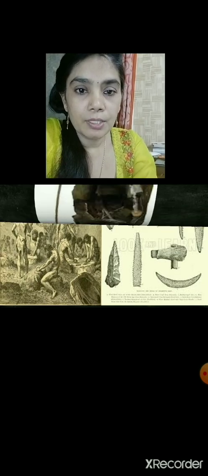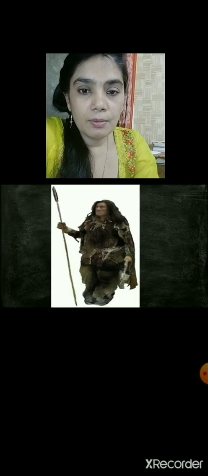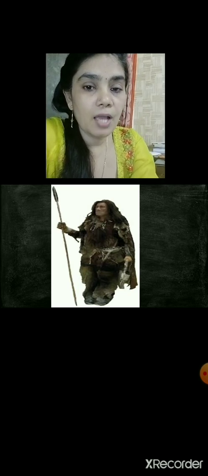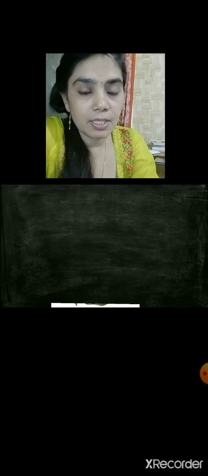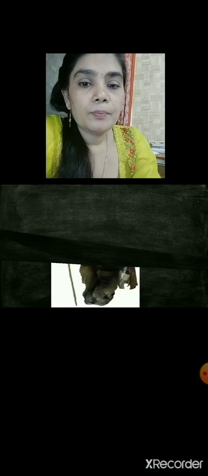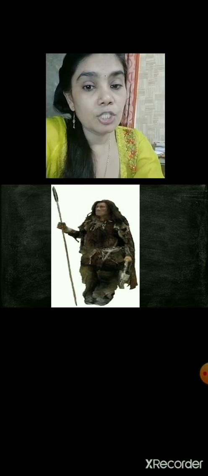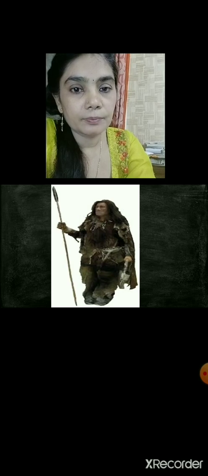Here you can see how he has made the holes in the skin of the hairy animals and how the animal skin fitted his body, and he also covered his foot. Now he can protect himself from the cold.